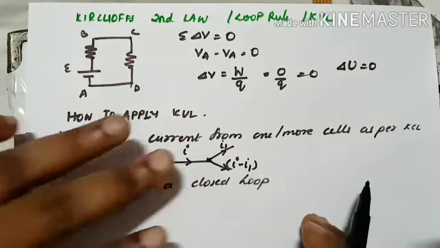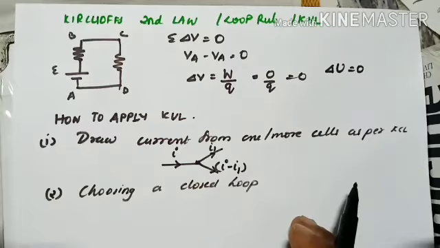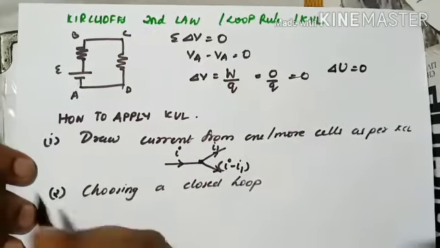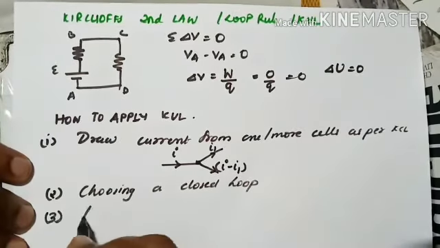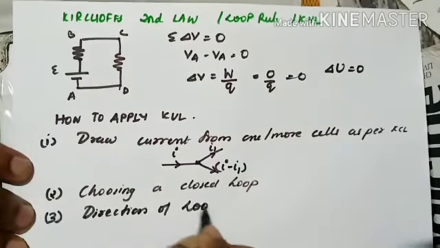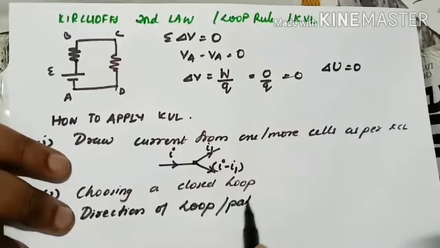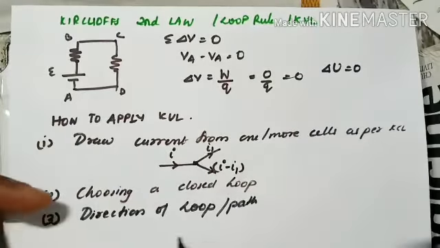So you have to choose any loop as per your condition. Now the third is the direction of the loop, that is, the path along which you are going to move in a loop.